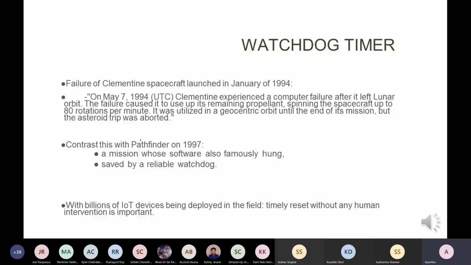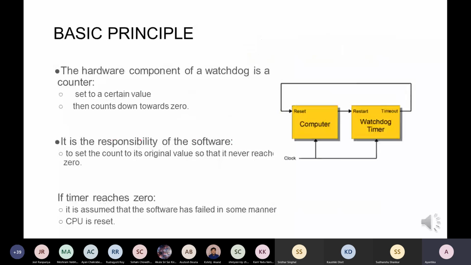This is just to give an idea that in the case of the watchdog timer, whatever processors you use, sometimes we use those watchdog timers as a normal timer or interrupt generator. But the watchdog timer is basically a monitoring device. It checks and monitors whether your remotely placed cyber-physical system or embedded system is working correctly or not.